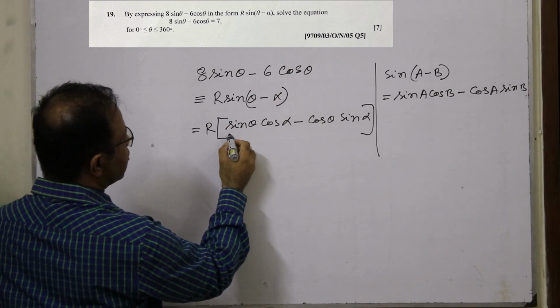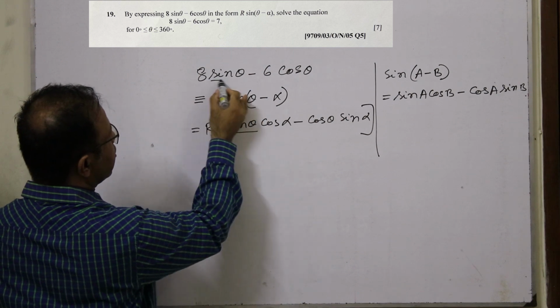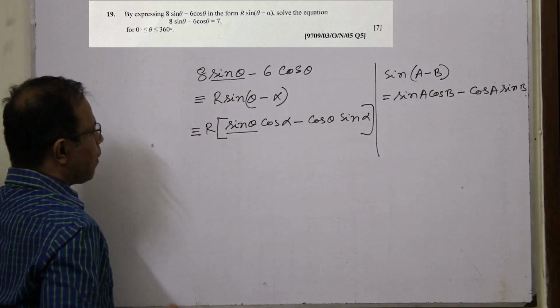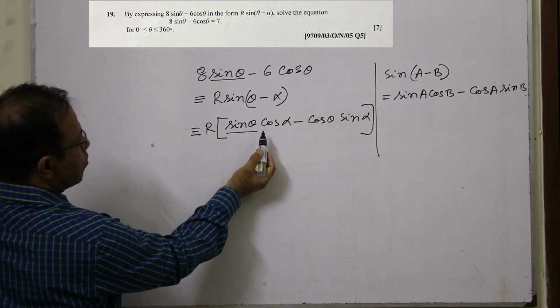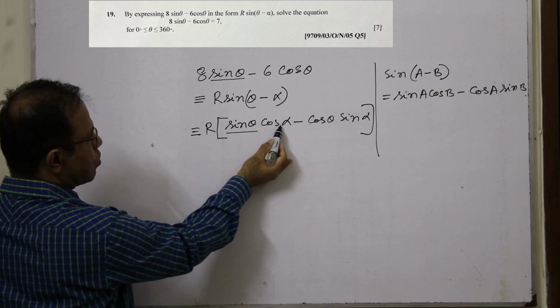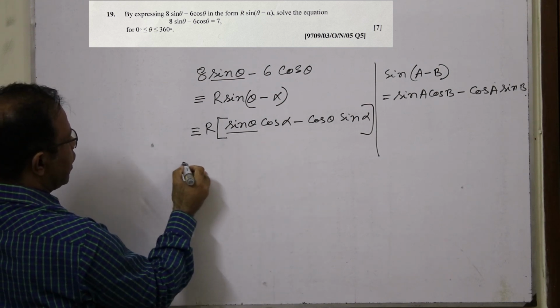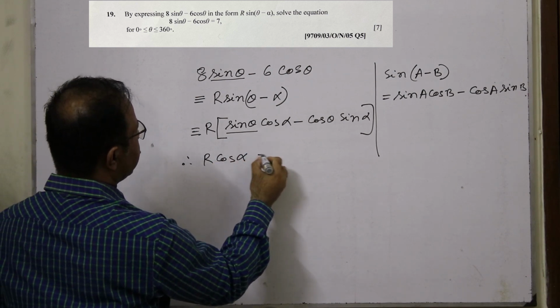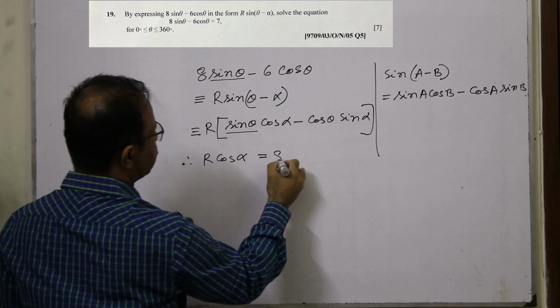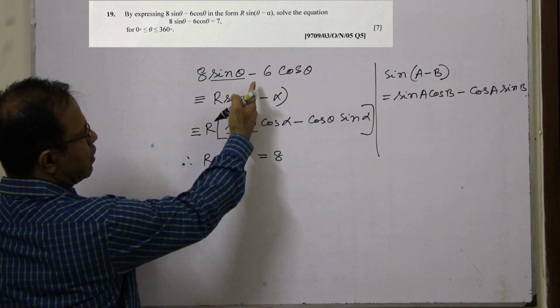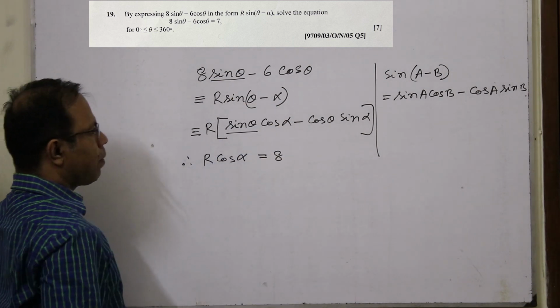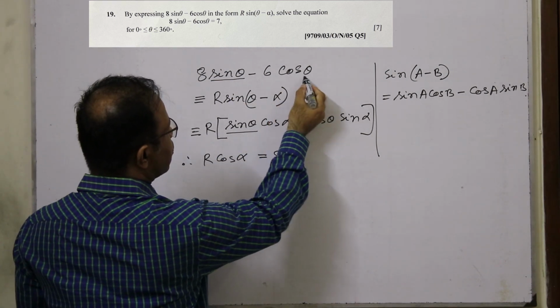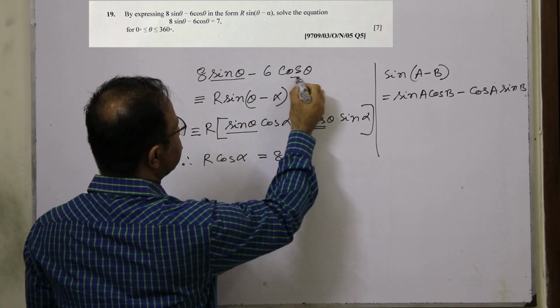So here is a sine theta, here is a sine theta. So the rest of the part is r cos alpha. We can write r cos alpha equals 8. And here is a minus and here is a minus. And also here is a cos theta and here is a cos theta.